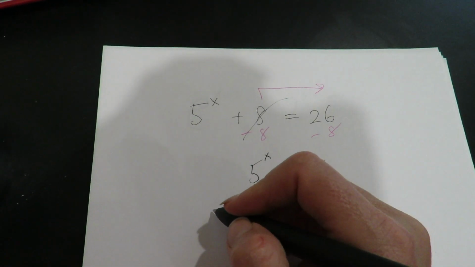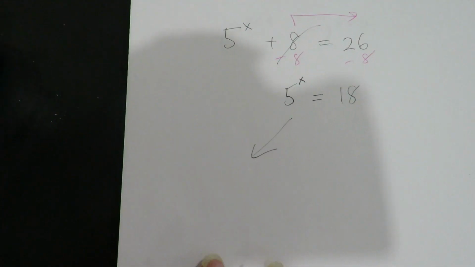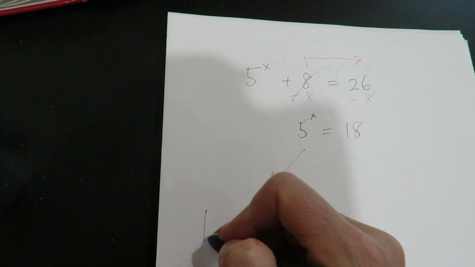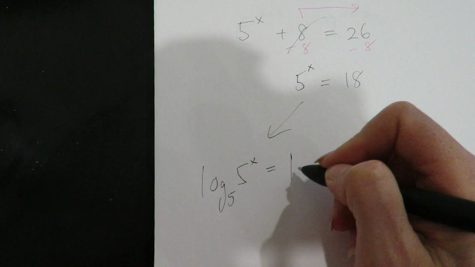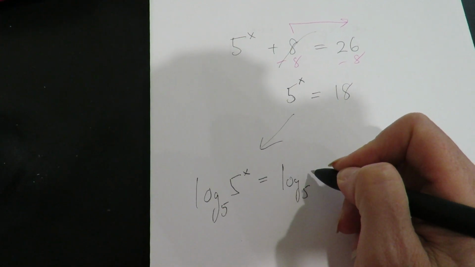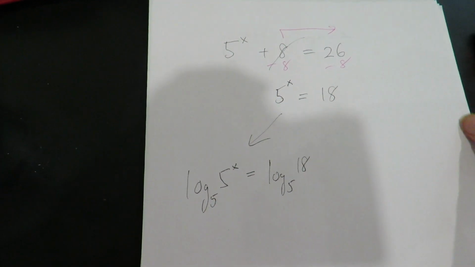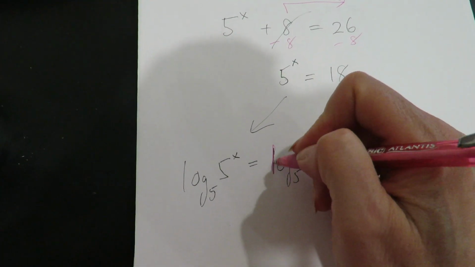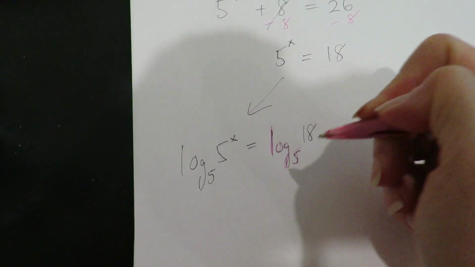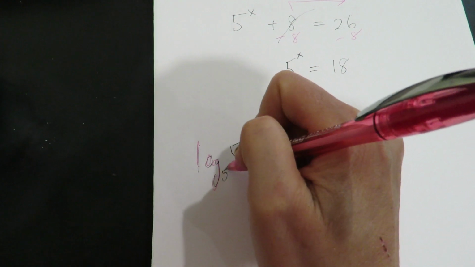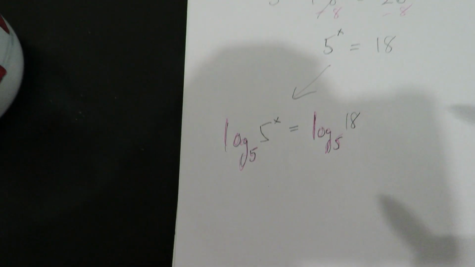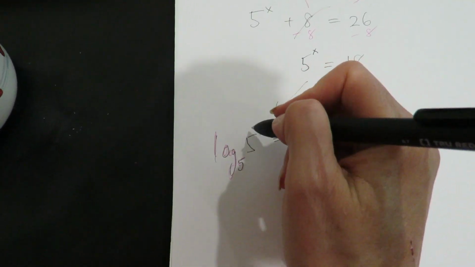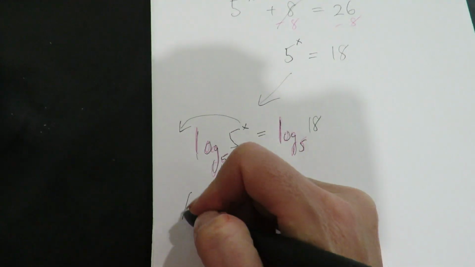One way to do this is, since this is base 5, to do log base 5 to this exponential function. So one way to do this is to apply a log base 5 because this and this match, so they'll cancel out nicely.